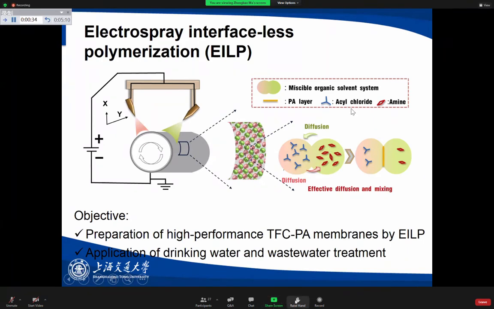This miscible solvent system is beneficial for the spatial and fast spreading of the monomer solution and the efficient diffusion and polymerization of the monomer. We will call this process ELP.